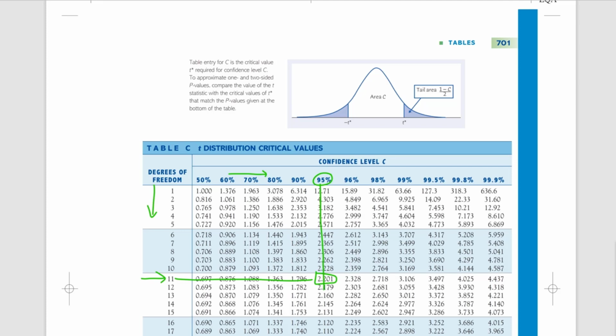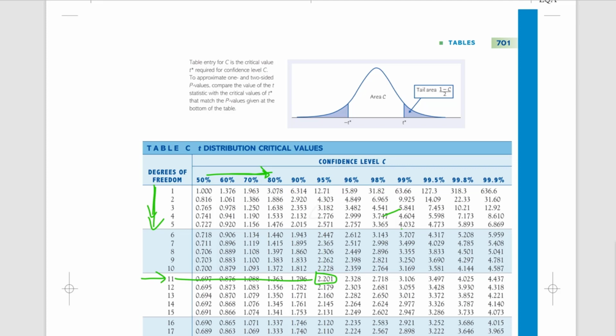Okay, understand this table. In the z table, in the middle of the table, we had the probabilities. But here they are not probabilities, but t values. Again, you see this is the confidence level, and these are the degrees of freedom, and in the middle of the table you see the t values.